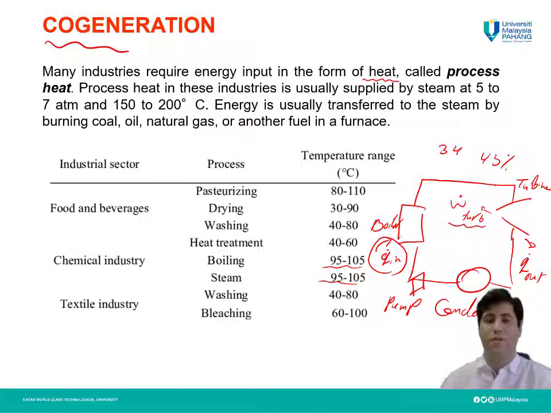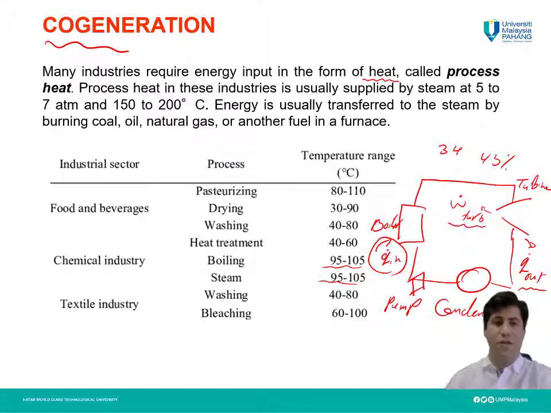So most of the energy we give to the system is wasted as Q dot out, the heat which we take from the working fluid in the condenser, which is waste of the cycle.